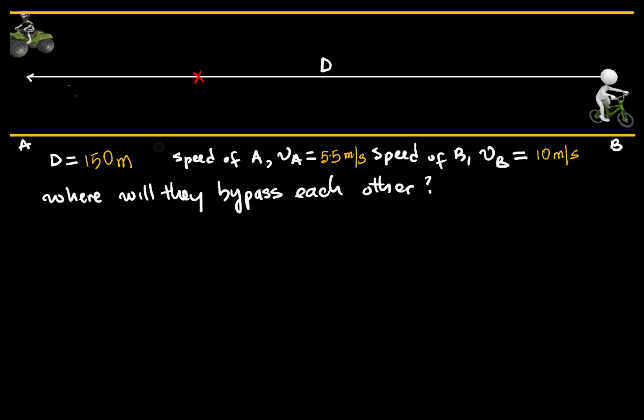At that time, let's say that A had traveled a distance x from where he is to this particular point. Then B will travel a distance d minus x.